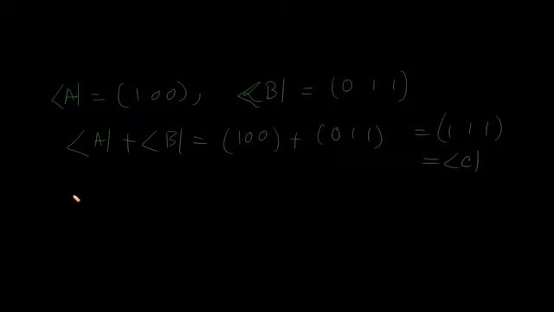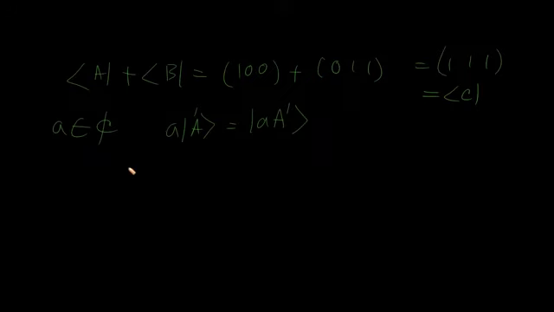And for scalar multiplication, let's say a is some scalar that belongs to, in general, any complex number. So a times the ket A prime, this is just another ket vector, is the same as small a times capital A prime. How can we see this?